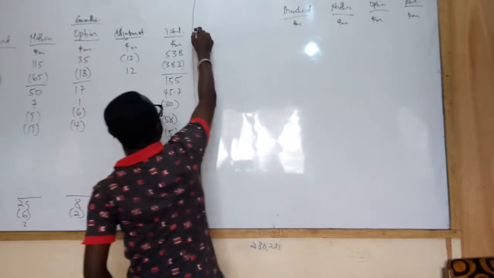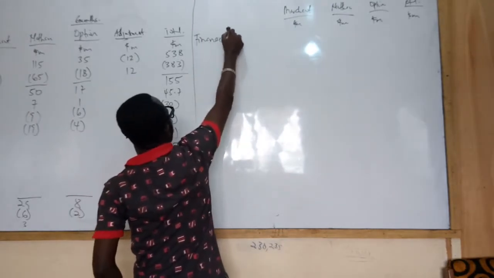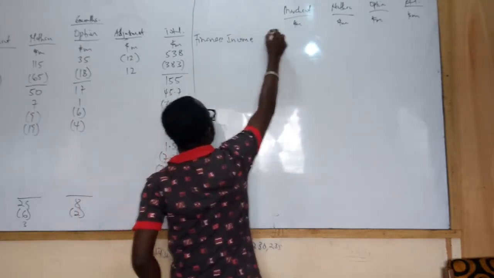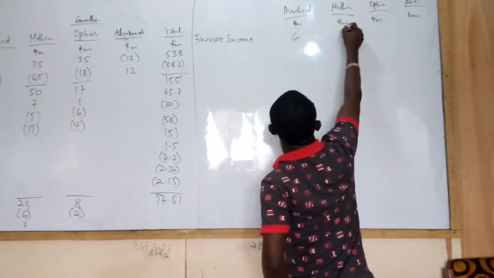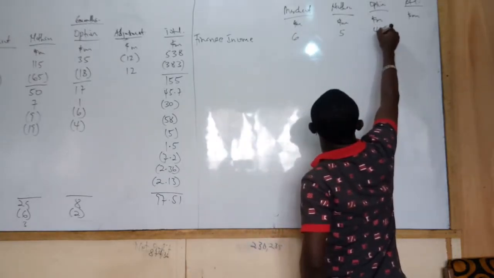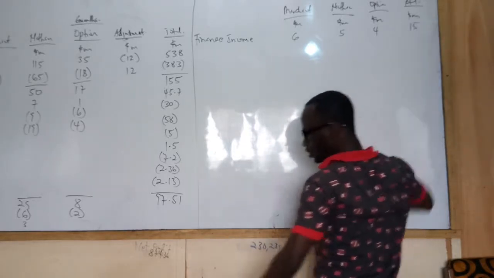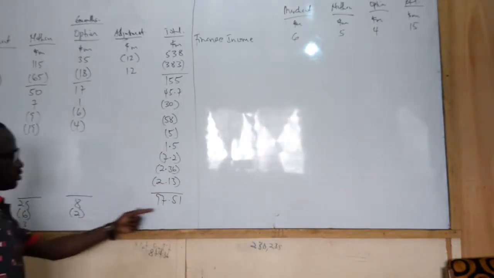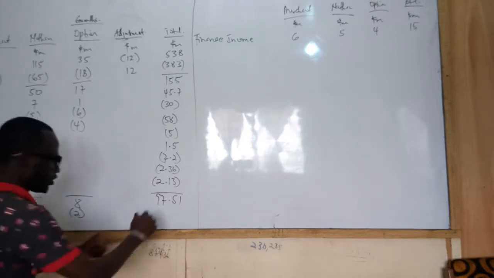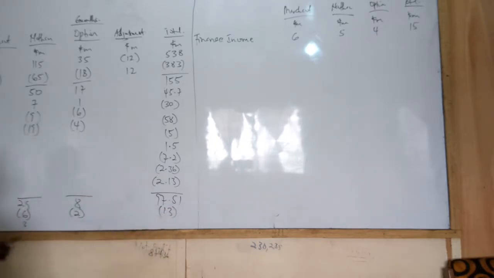Finance income, and that's an addition. How much? 6? 5? 4. Half, 4. Okay. 15. Total here will be what? 13, I guess. And 3.